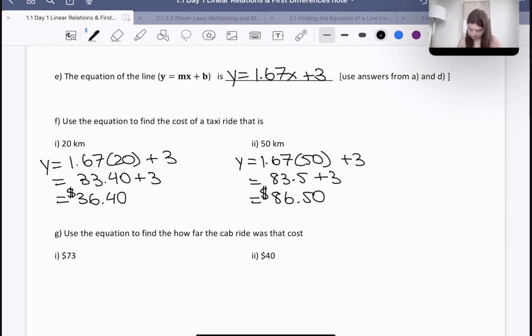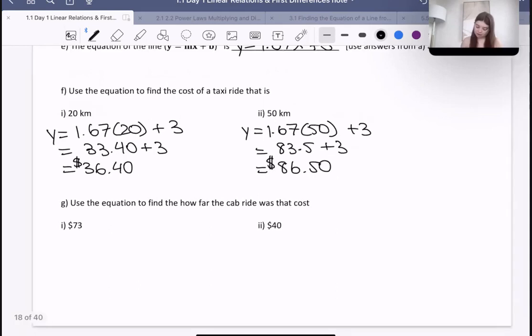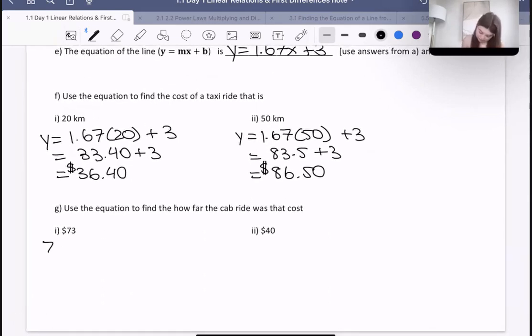All right, use the equation to find out how far the cab ride would be if the cost is $73 or $40. So let's do $73 first. So if it's $73, we need to find out what x is, right? How far did the cab travel? So our first step is we're going to subtract 3 from both sides. So over here we're going to have 70 equals 1.67x.